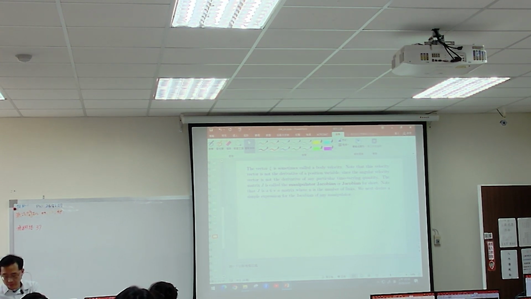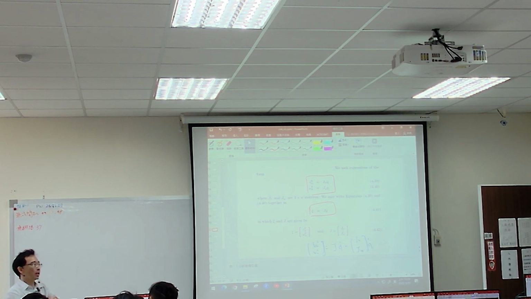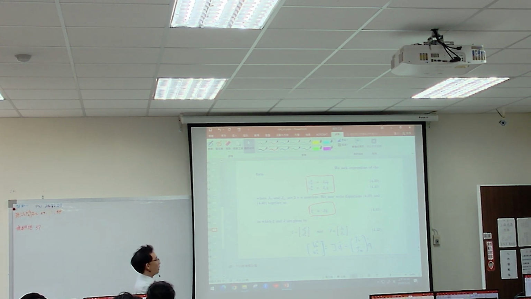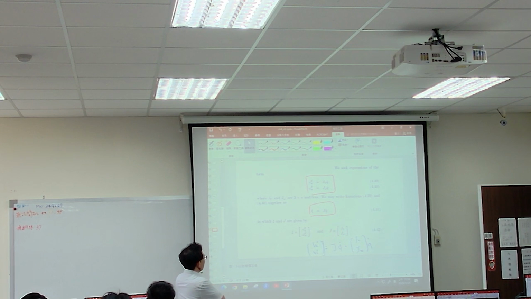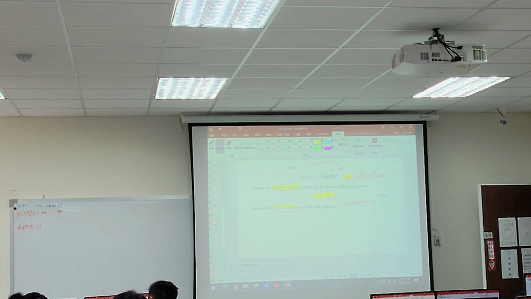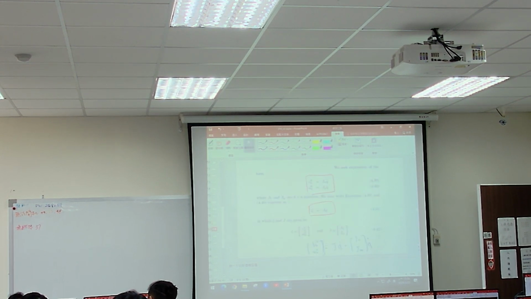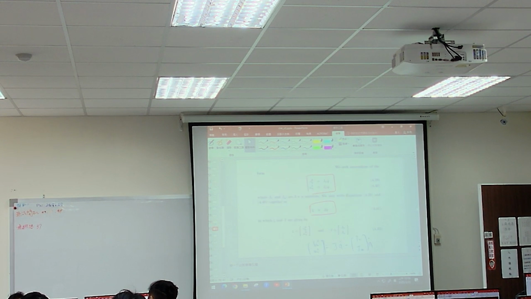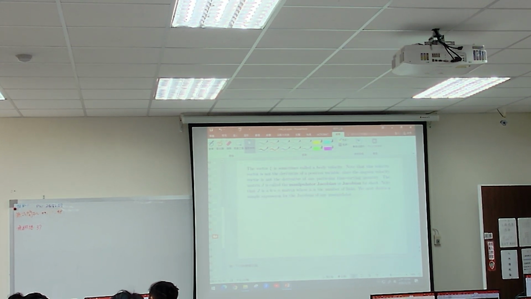But over here it is still kind of a mess. But don't worry about it. I will explain a little bit later. But over here, you can realize we divide into linear and angular velocity. Here and here. Okay.